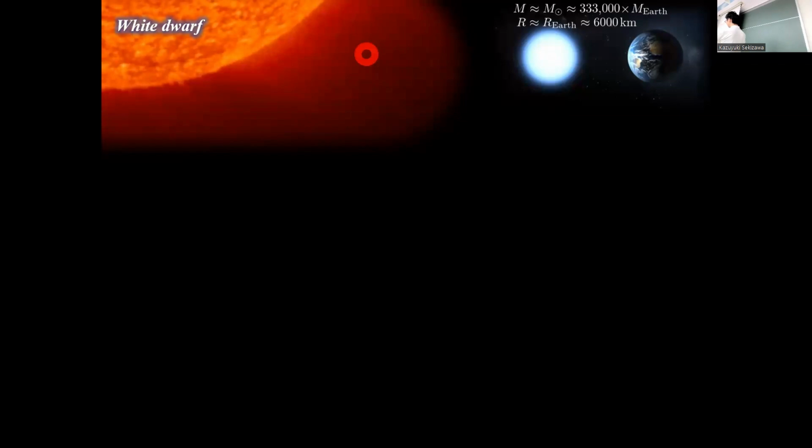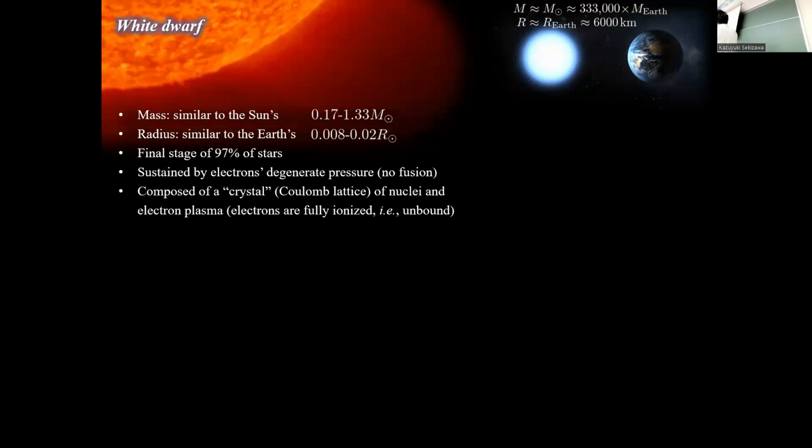The solar mass is squeezed into a much smaller size. If we write this mass and radius relative to the mass and radius of the sun, you can see the mass is like a sun, like 1.3. It can be a bit lighter, but it is similar to the solar mass. But the radius is much, much smaller than the sun. It is like the Earth.